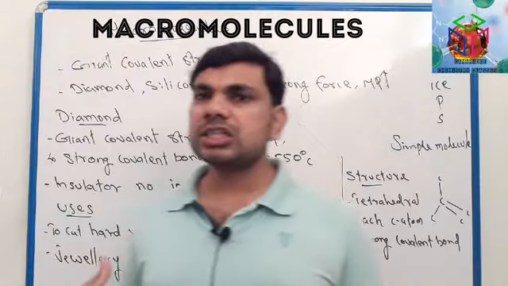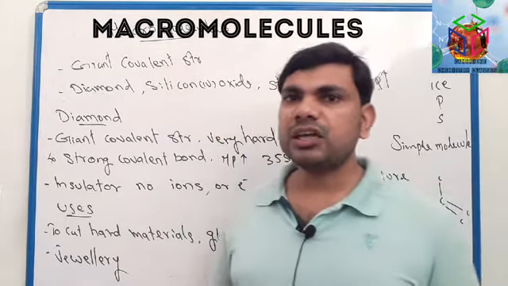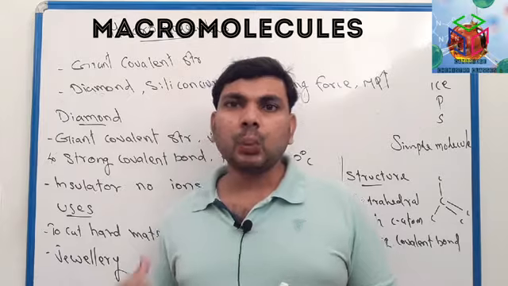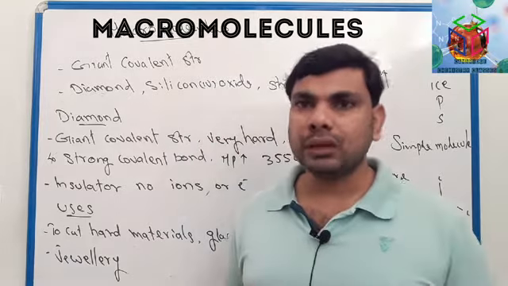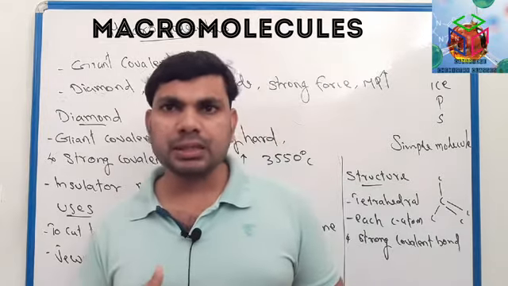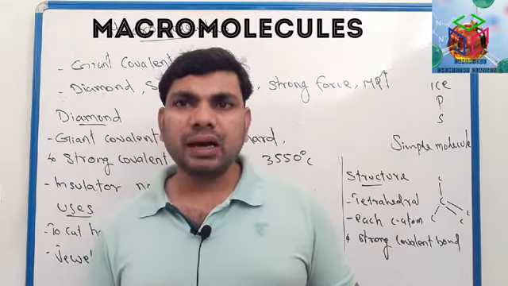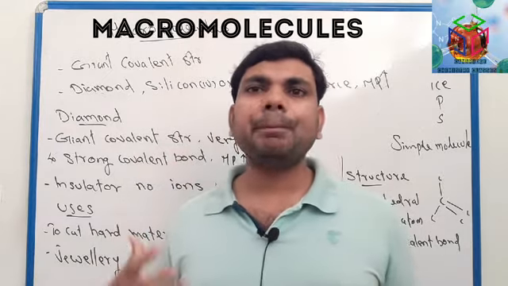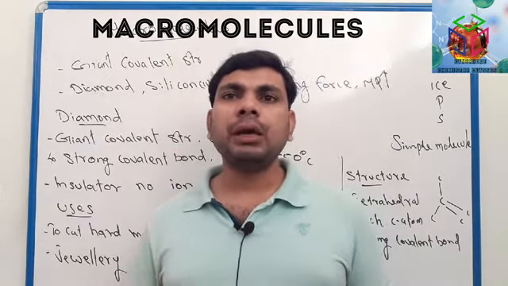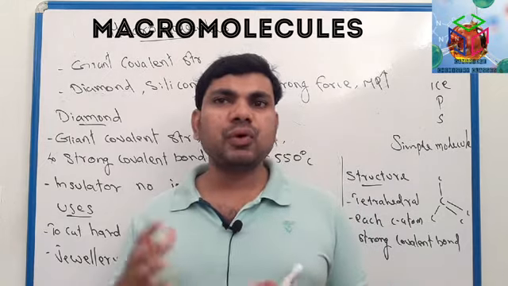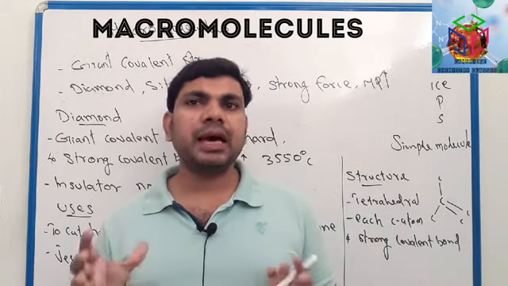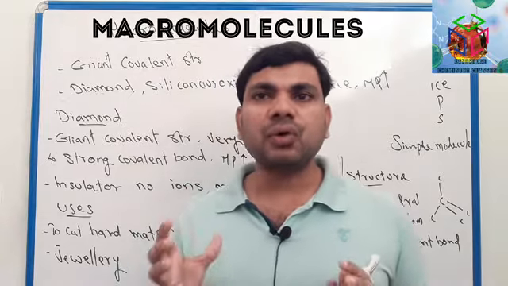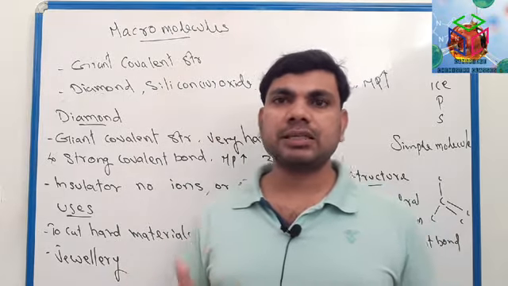But when you consider diamond, graphite, and silicon oxide, this type of substance shows a very high melting and boiling point, because there is a very strong force of attraction between the atoms.